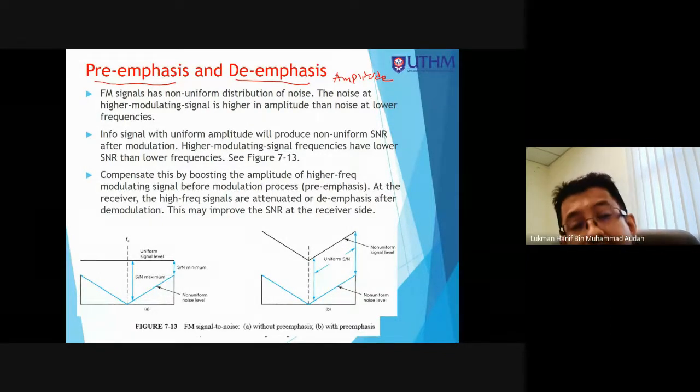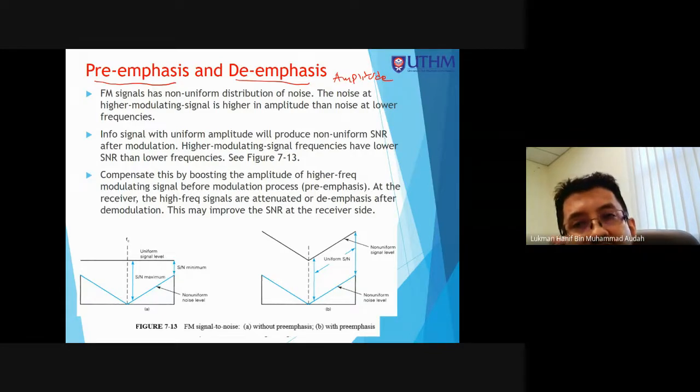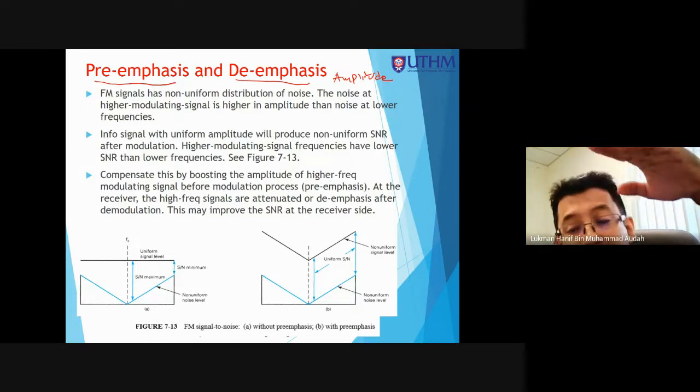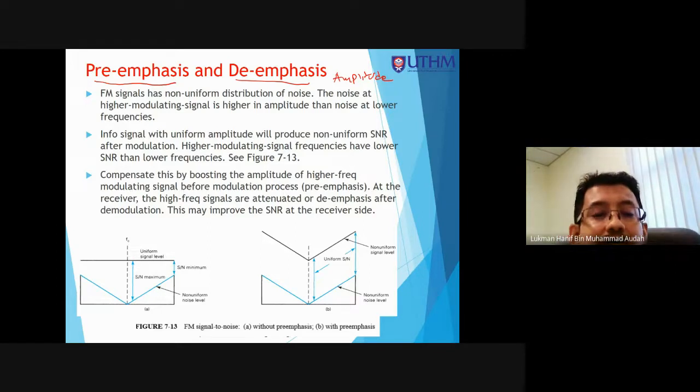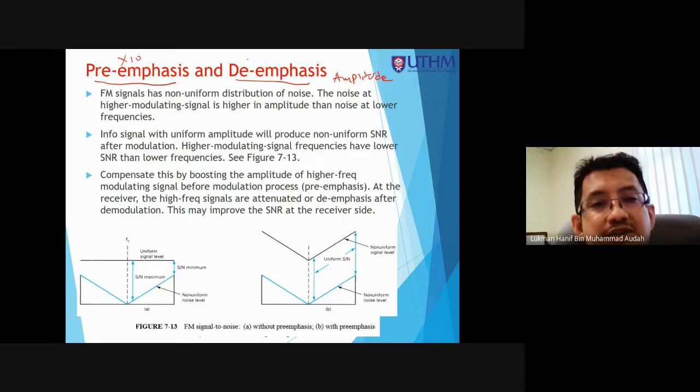So this is done at the transmitter side, which is before the process of modulation. Okay, and de-emphasis is done in the receiver. So since kita dah naikkan amplitude dekat transmitter, kita perlu turunkan semula pada kadar yang sama. So if I multiplied with 10, here I must reduce 10.